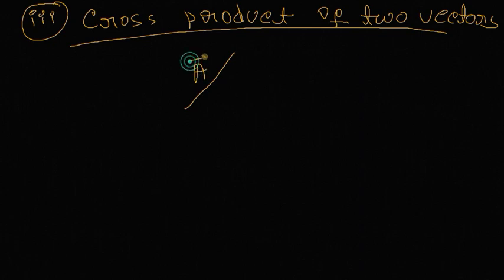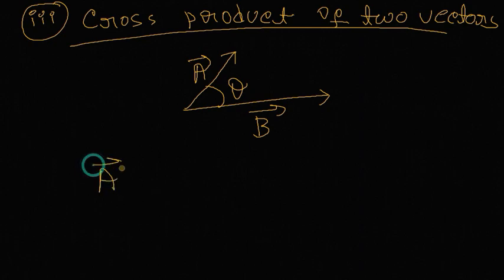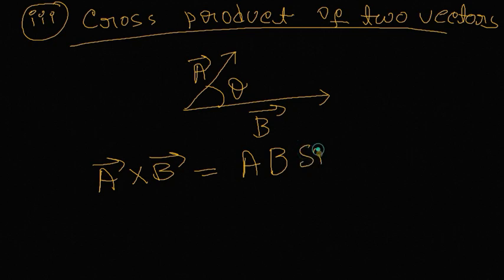A vector and B vector, and the angle between them is theta. The cross product of them is defined by magnitude of A vector, magnitude of B vector, and the sine of the angle between them, and they have a direction of n cap.